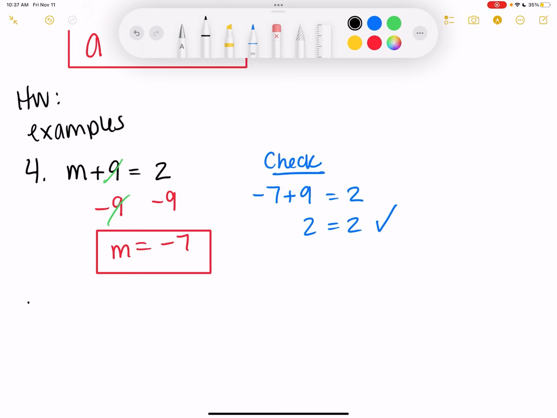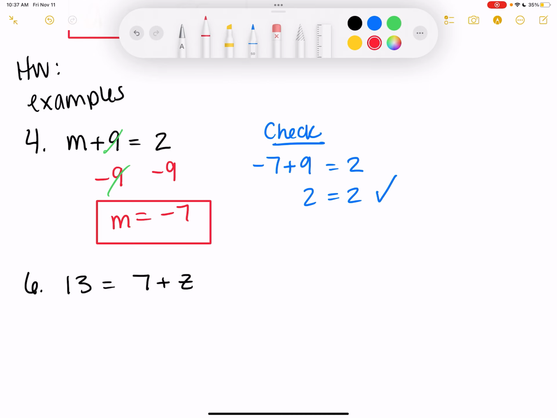Let's see, number 6. 13 equals 7 plus z. So what do I need to do with this one? Subtract 7, and then 7 into 13. Get rid of the 7.